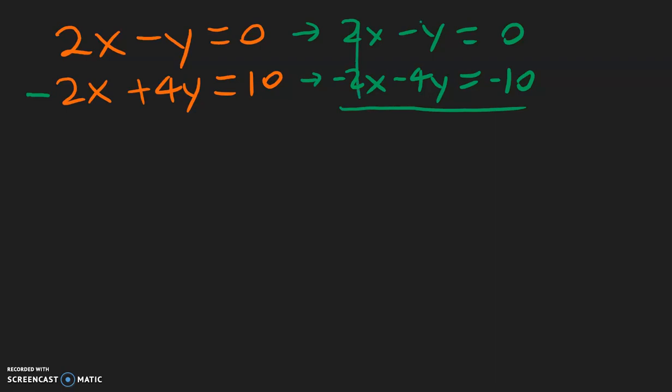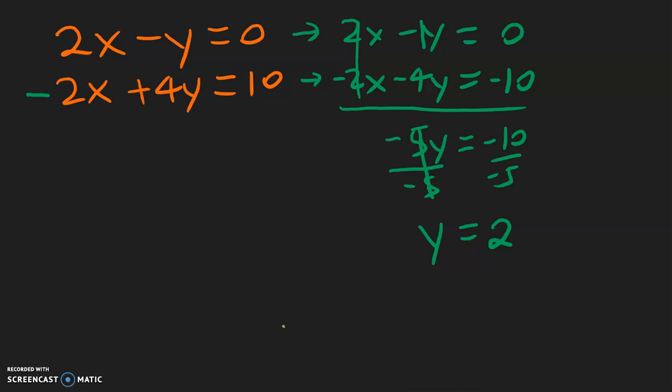So for the y, we have negative 1 minus 4, which is negative 5y. And here we have equal to 0 minus 10, which is equal to negative 10. Then divide both sides by negative 5. We get y equal to positive 2.